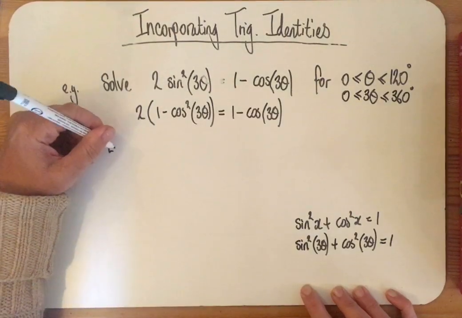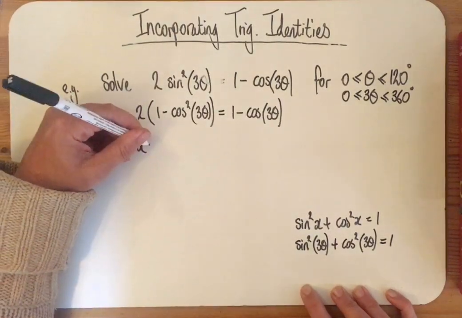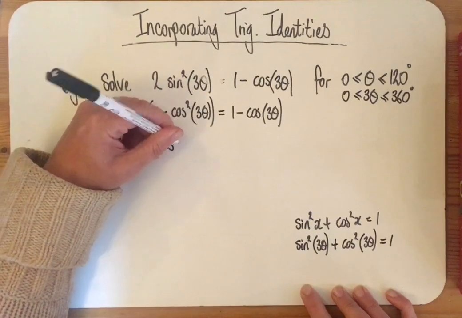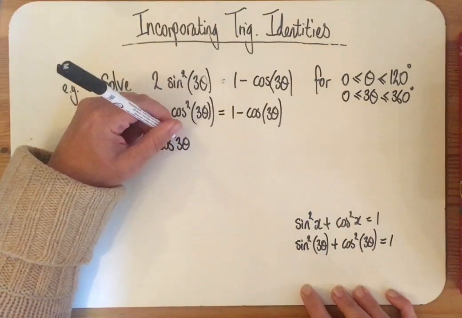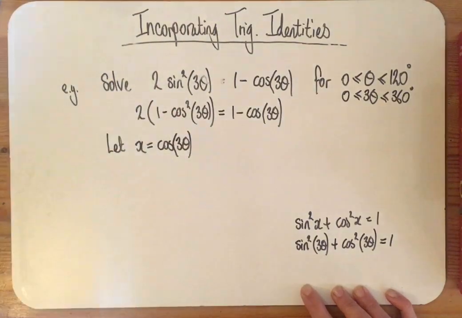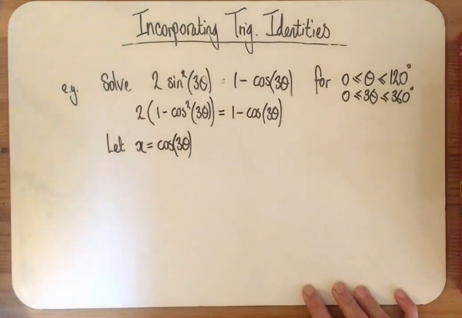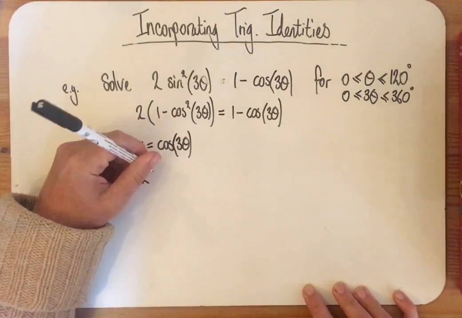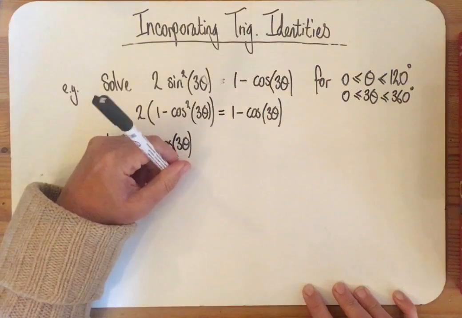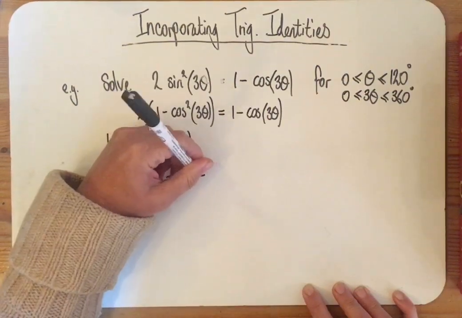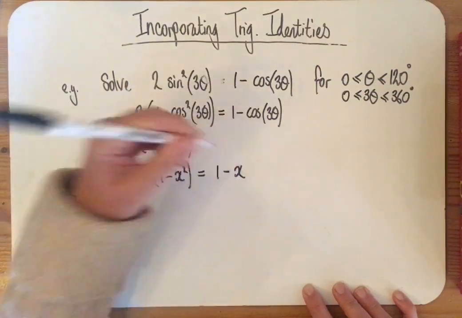At this time, you might want to let x equal cos 3 theta. And then you end up with 2 lots of 1 minus x squared equals 1 minus x.